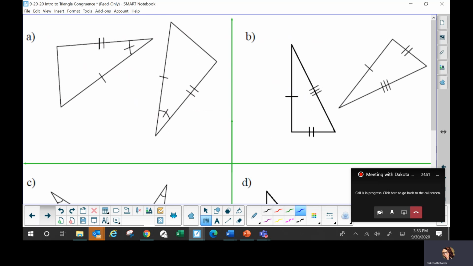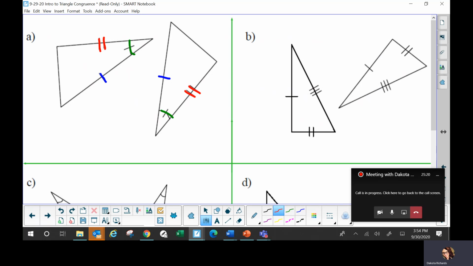Okay, so here we just have some examples of what you're going to see when you practice this. And you just have to look at these very carefully, look at what it gives you, look at the position of the angles and the sides. So on the first one, you're given a side, you're given an angle that's in between, and then you're given another side.